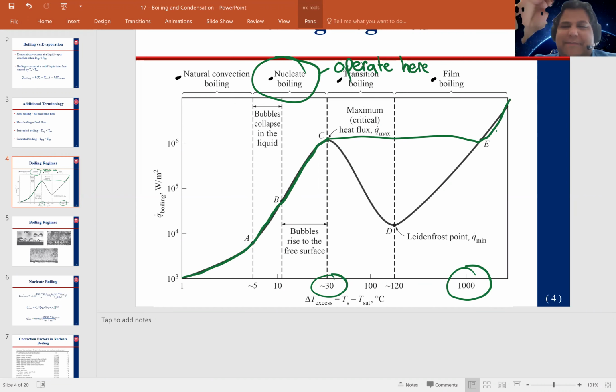And so what typically happens in a system, if we're wanting efficient heat flux and boiling heat transfer, we identify the maximum critical heat flux and then operate at 70, 80% of that. And so you essentially get a high degree of your driving force, a high amount of heat transfer and boiling, but you're safely away from that maximum critical heat flux such that you don't run the risk of running into film boiling.